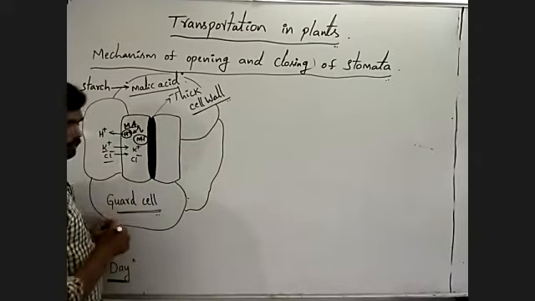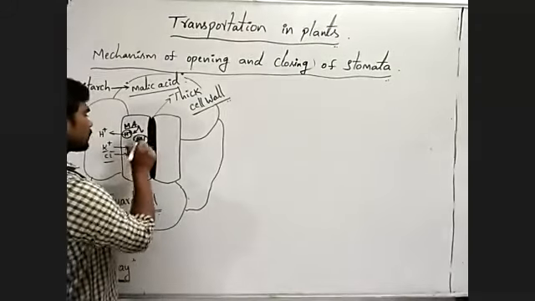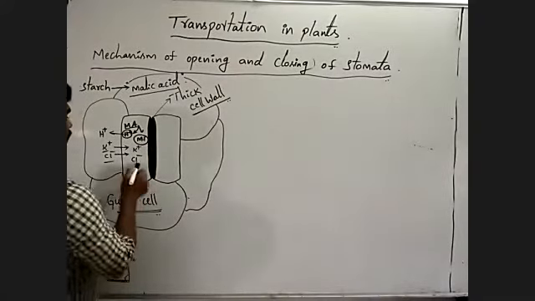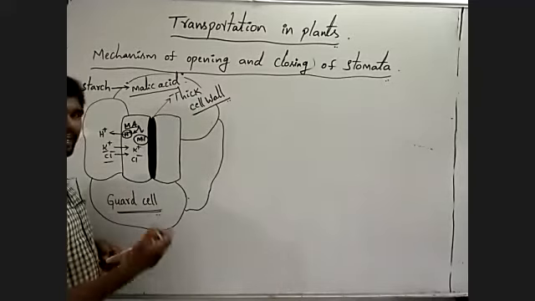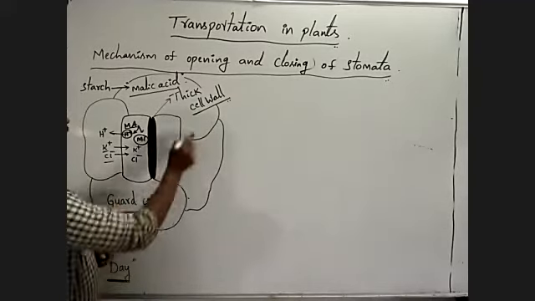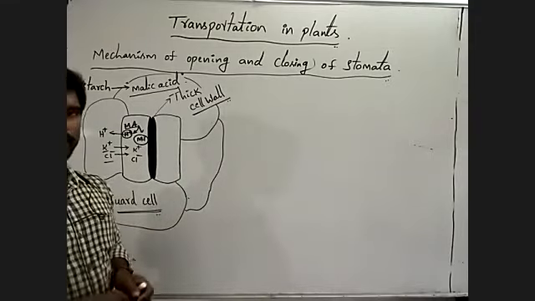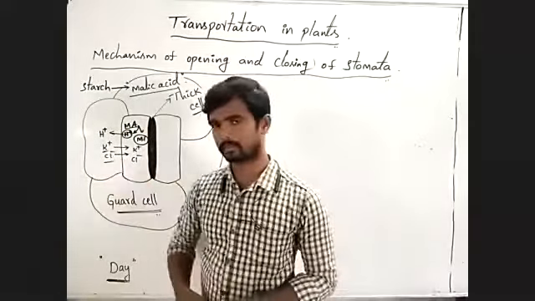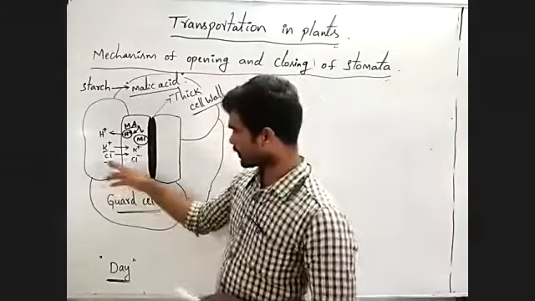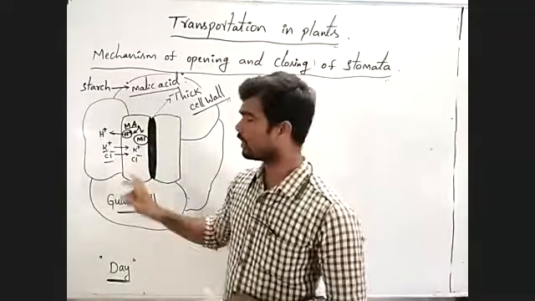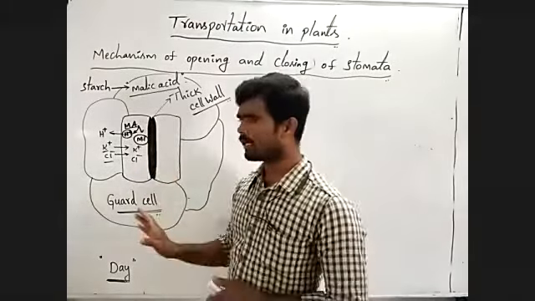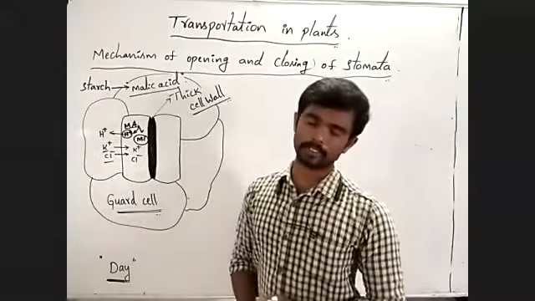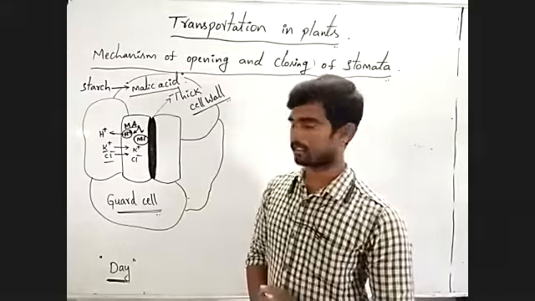In this condition, due to the presence of different types of ions inside the guard cell, the concentration of the guard cells becomes high when compared to the surrounding subsidiary cells. Are you understanding?